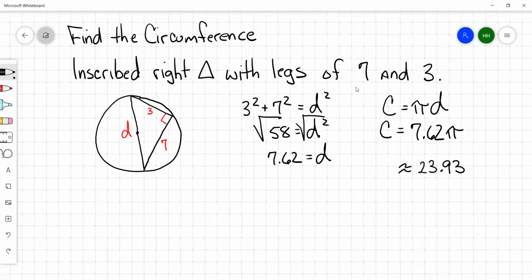Now, if you're asked to find the exact circumference.